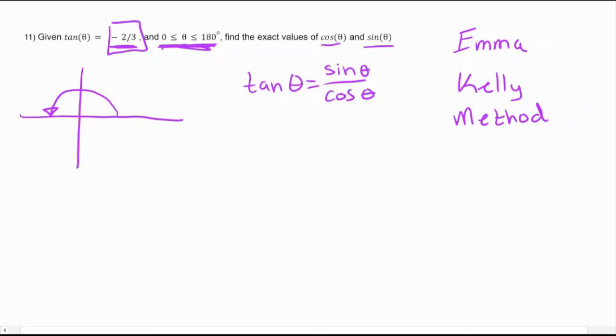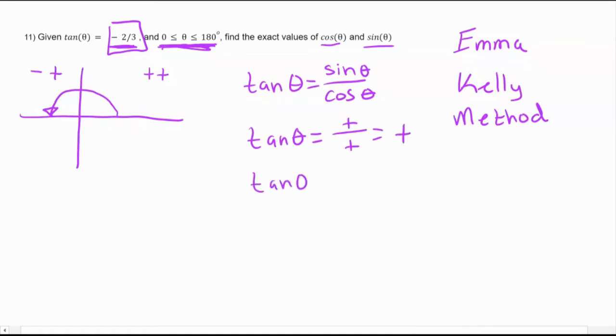So what that means, I know that in this top right quadrant here, sine and cosine are both positive. In the top left quadrant, I know that the cosine is going to be negative and the sine is going to be positive. So if I were to put in this trig function a positive sine and a positive cosine, that would give me a positive tangent.